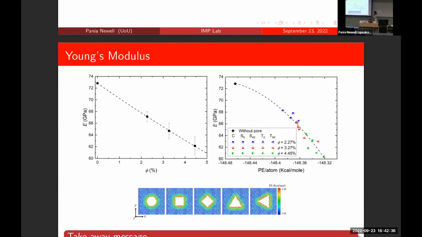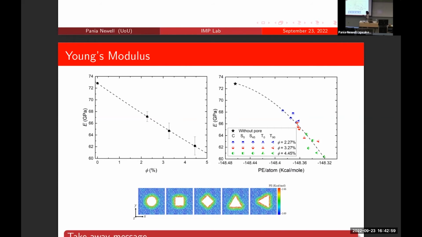But what about the Young's modulus? For the response of these materials at the macroscopic level, we know there is exponential decay by introducing porosity into the system. However, if we plot the Young's modulus from each of those cases, we don't see that exponential decay.